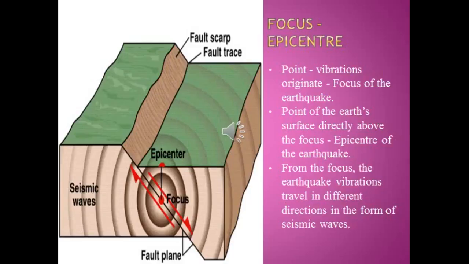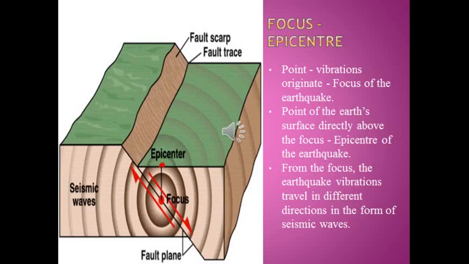The point where the vibration originates, that is the point where the earthquake originates, is called the focus of the earthquake. The earthquake causes vibrations in the earth's crust. It shakes the crust. The sudden movement causes vibrations on the surface of the earth.